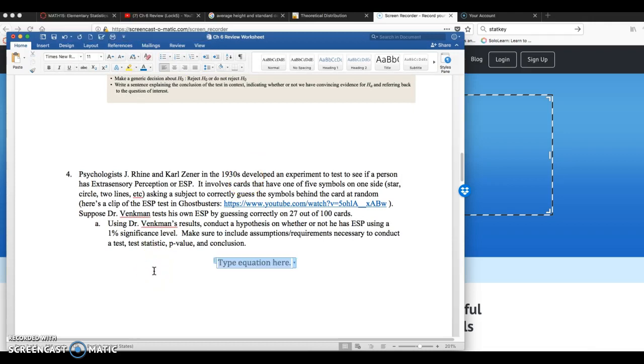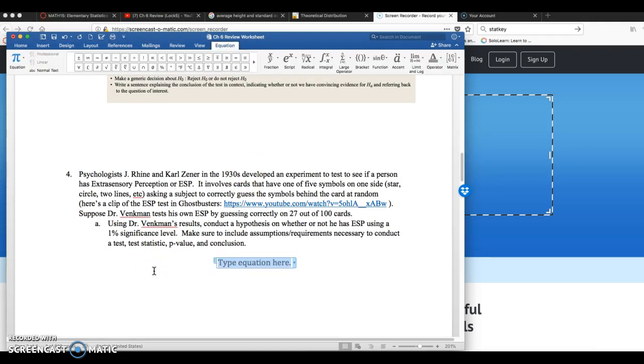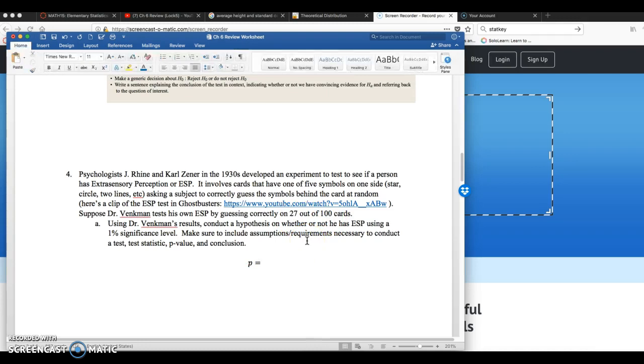What are we doing right now? We are looking at a proportion. Dr. Venkman got 27 out of 100 right. We're going to let p equal the proportion of the cards Dr. Venkman gets right. But we have to imagine here this would be not a sample of 100. If he could get 1,000, a million, a billion cards, how many does he get right?